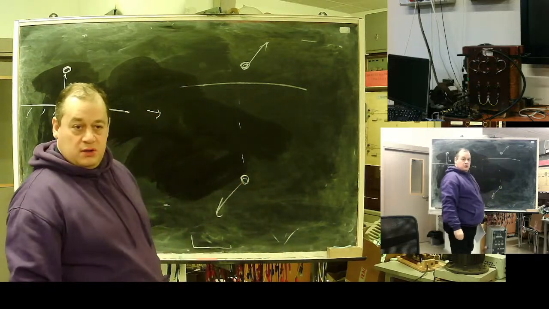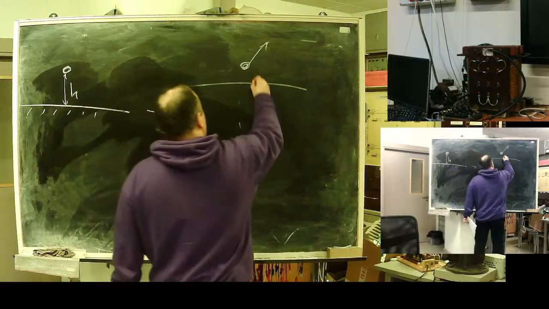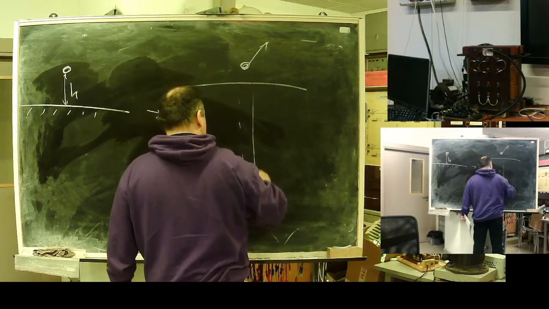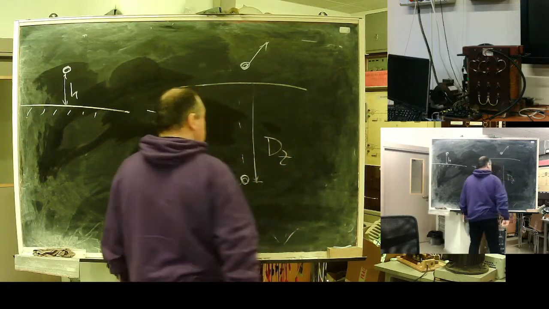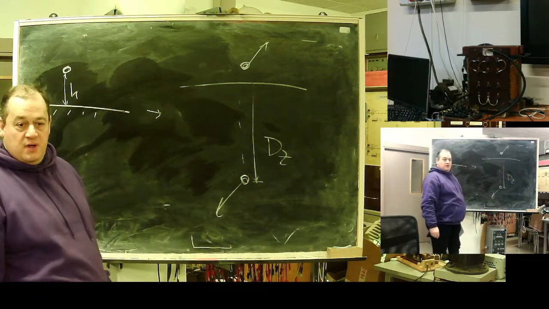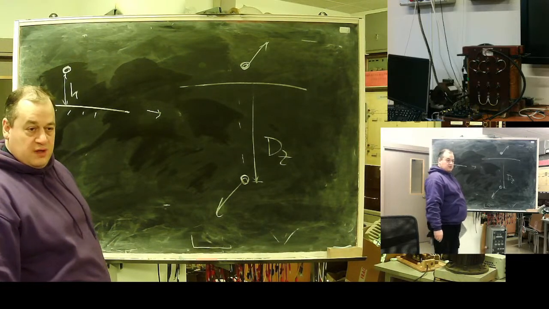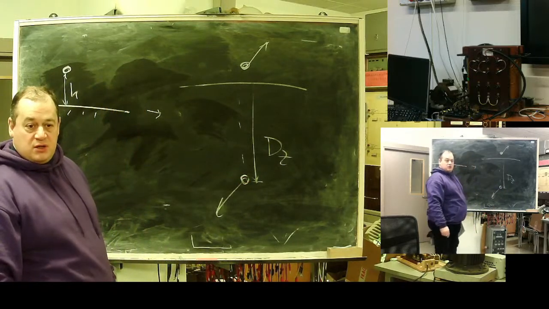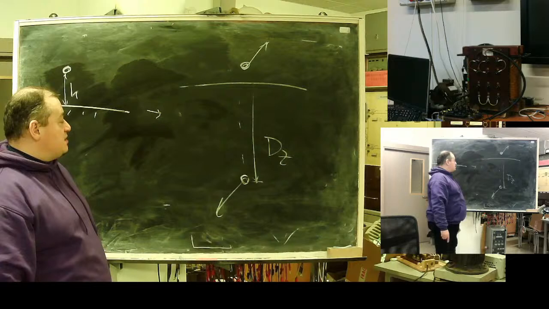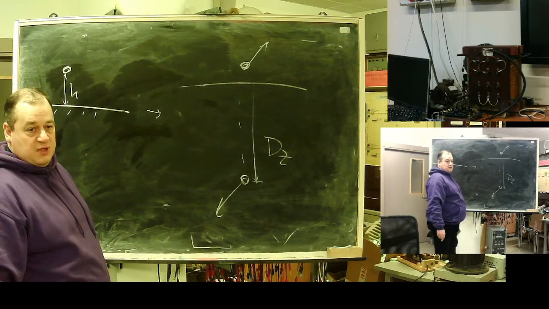The second, or imaginary, return wire is called the return depth, assuming that all current flows in this imaginary return wire. This distance is approximately 1,000 meters.